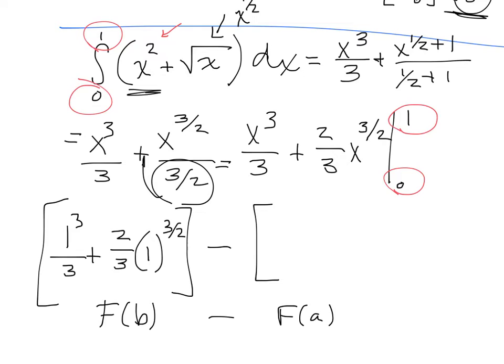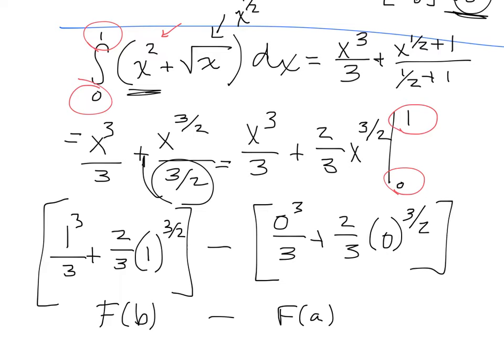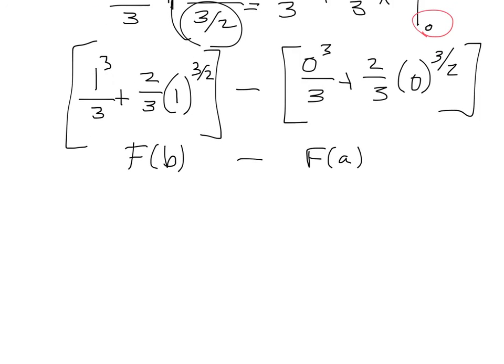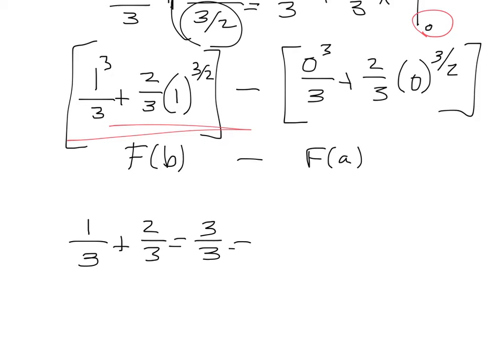And these aren't always going to zero out, so that's why I'm going to the trouble to write these. But as you can see, this piece, like the one before, is just going to cancel out and be 0. And so all I have is this, which is simply 1/3 plus 2/3, or the area of 1.